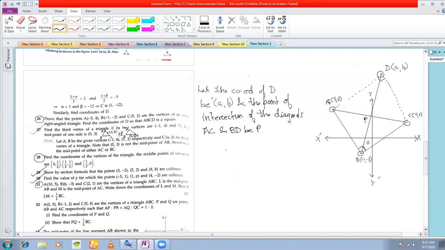So just as we were doing in the case of a parallelogram, we are finding out the coordinates of P. You see that P is the midpoint of AC and P is also the midpoint of BD. So P is the midpoint of AC.